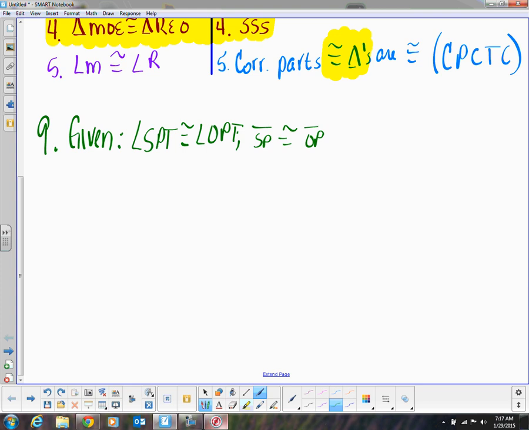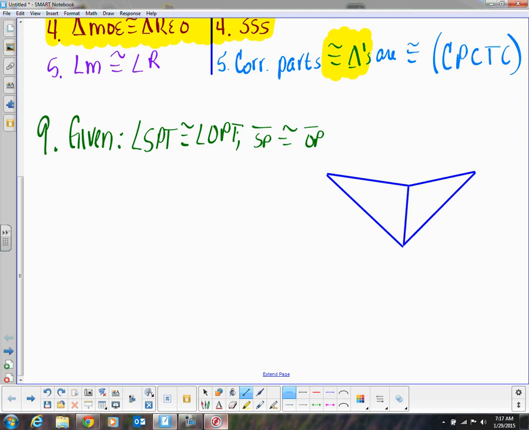And it almost looks like a little arrow here. Something along those lines. Notice I didn't draw my diagram to scale. So we've got O, P, S, and T. All right, so we're going to prove that we have angle S is congruent to angle O.